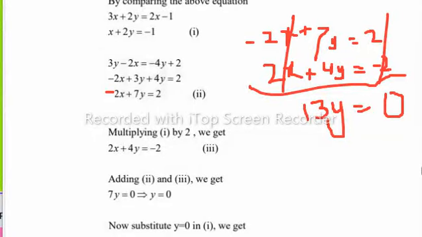Okay, 13y. Then 13 will be shifted to the other side as division with 0.